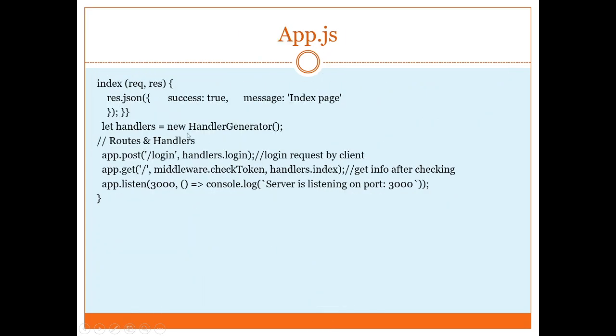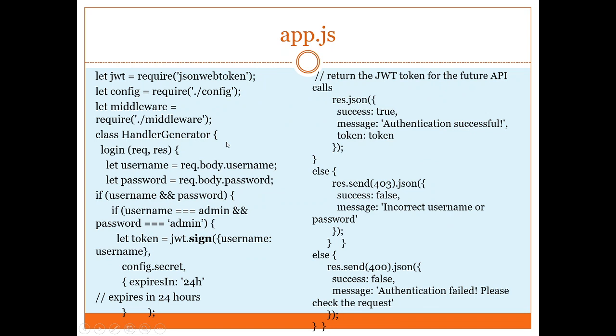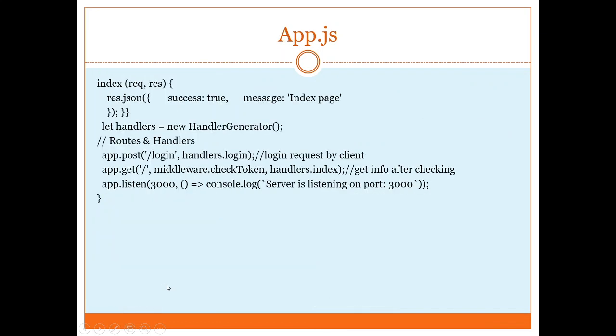And we have not called that method yet. To call that method, app.post login request came, and we called handler.login. Now we are calling the login method, in which we are verifying the username and password and providing the token back.